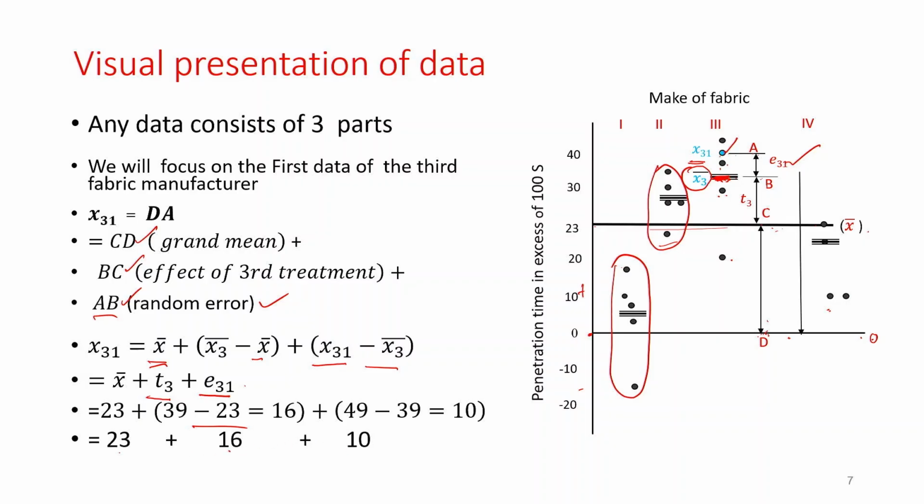This will be true for all the manufacturers of the fabrics and for any reading. So for x3, suppose this is x34, we can also find out for this particular point the corresponding values.